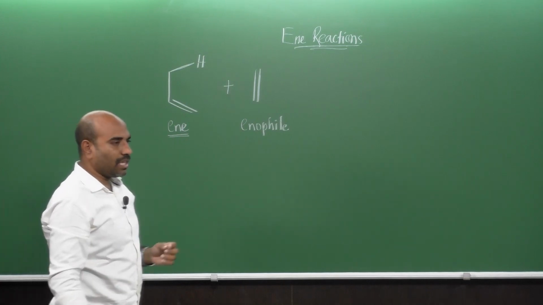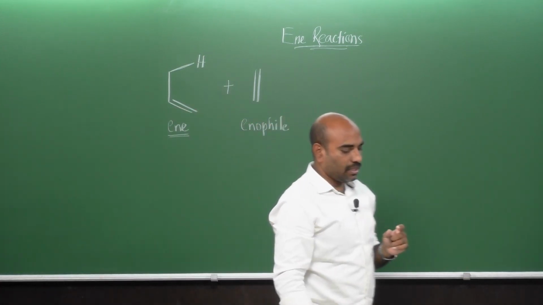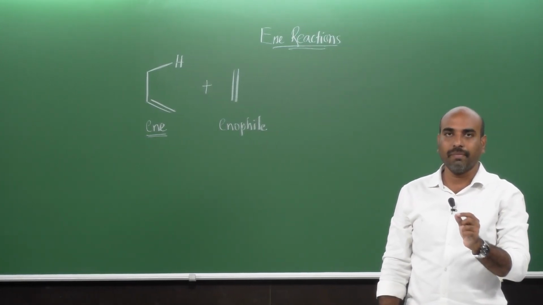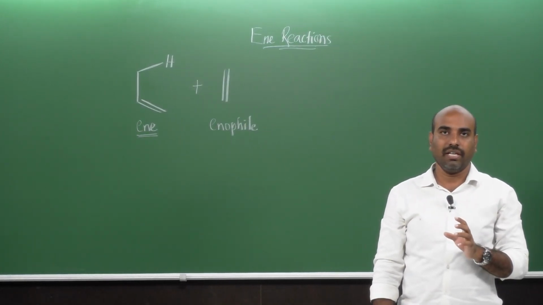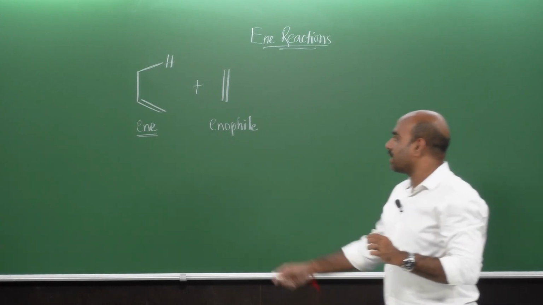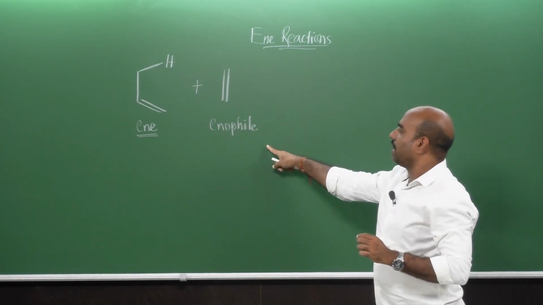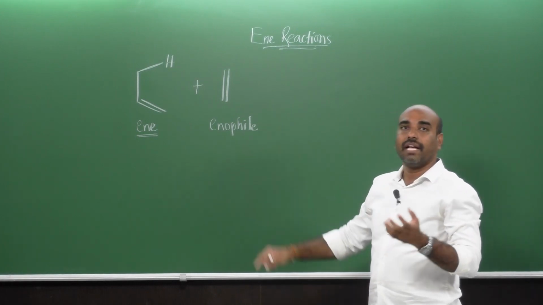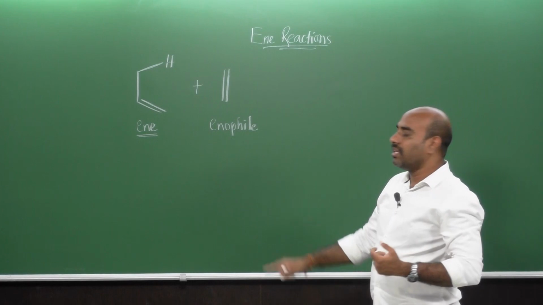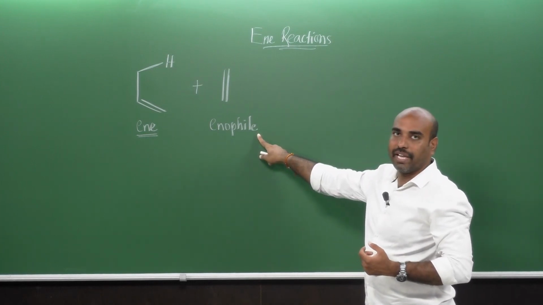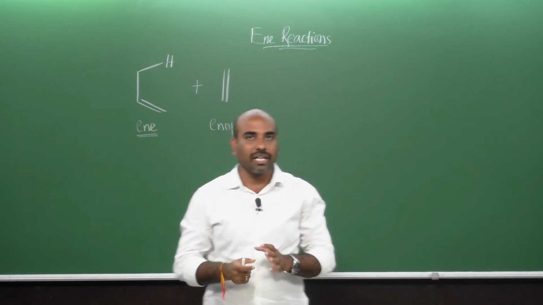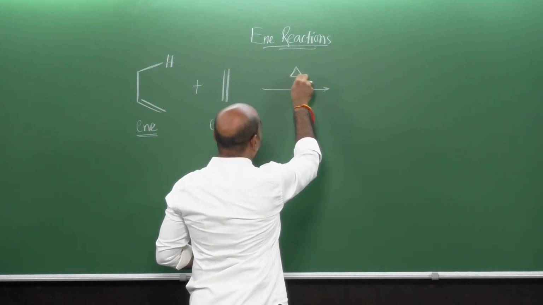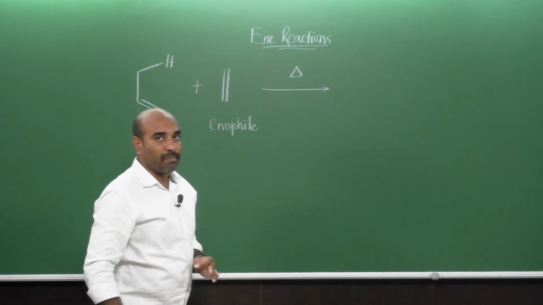So the definition of an ENE reaction is the reaction between an unsaturated system with an allylic hydrogen, which is also called the ENE, and another unsaturated system or pi system which is electron deficient in nature, also called the enophile, under thermal conditions via a cyclic transition state in a concerted manner.